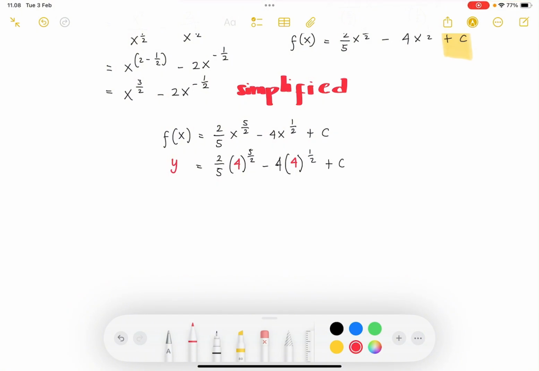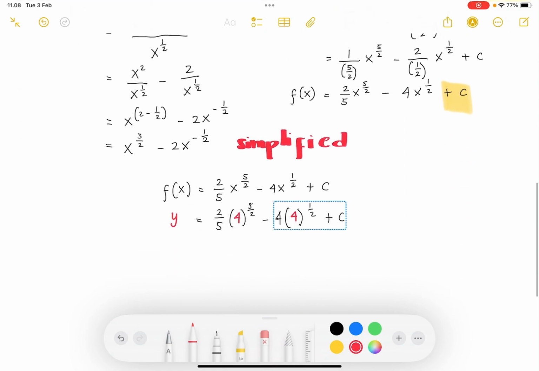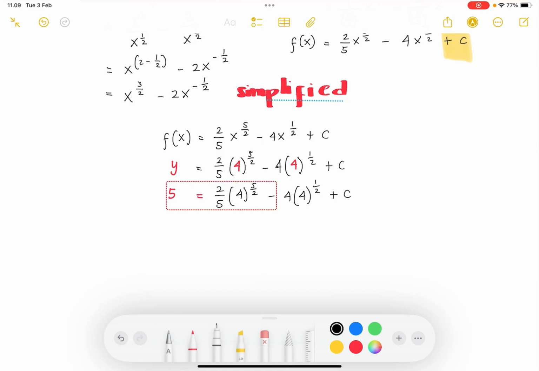So the y value that you get before, from the coordinate point, is 5. You substitute also here 5. Next, 5 equals 2 over 5, 4 to the power of 5 over 2, minus 4, 4 to the power of 1 over 2 plus c.